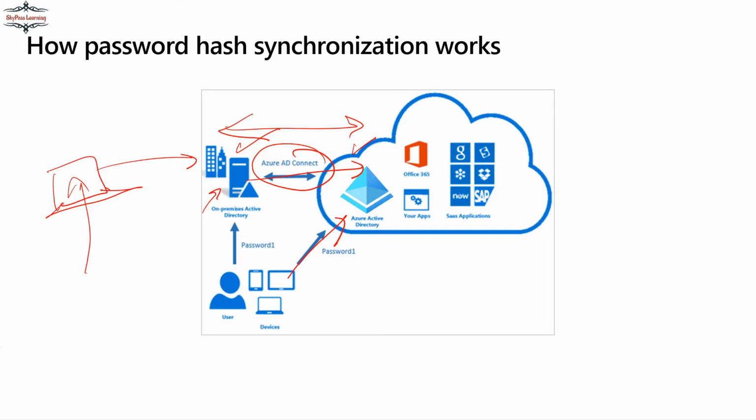Whereas if my email account exists in the cloud, I can access it from the cloud as well, because my username and password both are synced from on-prem AD to Azure AD. We can directly access those services.